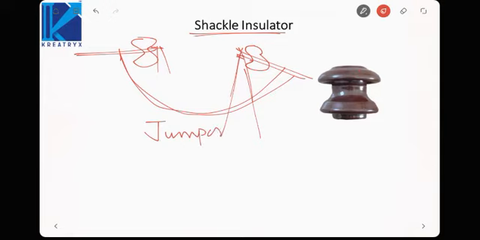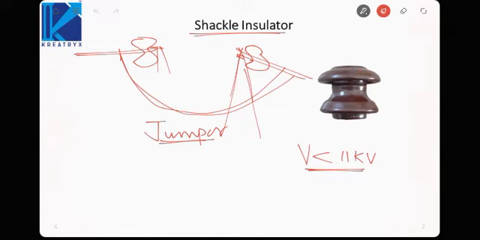Now since they are connected by a jumper, there is no sharp turn in the transmission line and there is no high electric field induced in the line. So that is how we can avoid increasing the tension or the electric field in the transmission line. These are usually used at less than 11 kilovolt voltages. Okay, they are used whenever there is a dead end in the transmission line or there is a sharp turn in the transmission line.